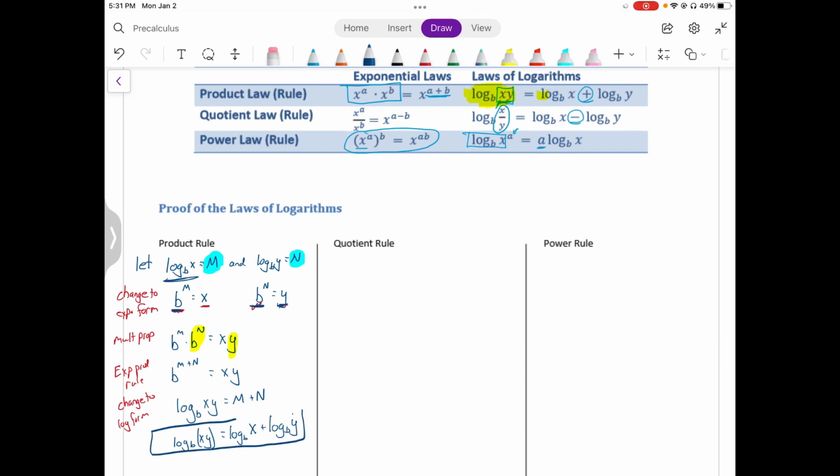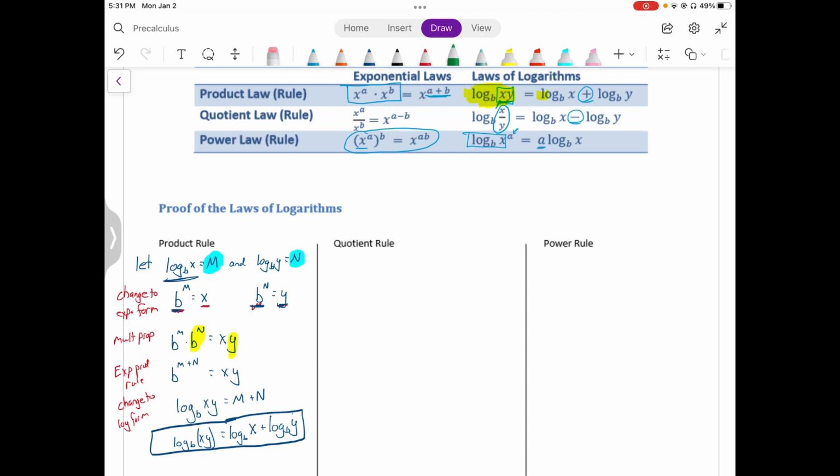You can put those in parentheses if you want to. So we used our rules of exponents to prove this law of logarithms, the product rule. We'll be using these rules later. These are just the proofs of them. So let's move on to the next one.